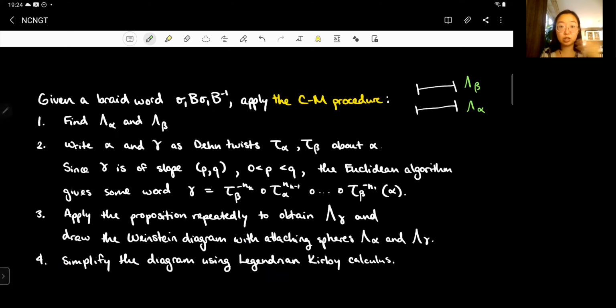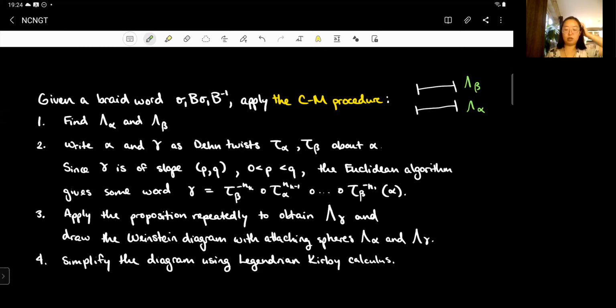The next thing we're going to do is write alpha and gamma as Dehn twists, tau alpha and tau beta, about alpha. Since gamma has slope PQ with 0 less than P less than Q, the Euclidean algorithm is going to give us a word in terms of these Dehn twists.